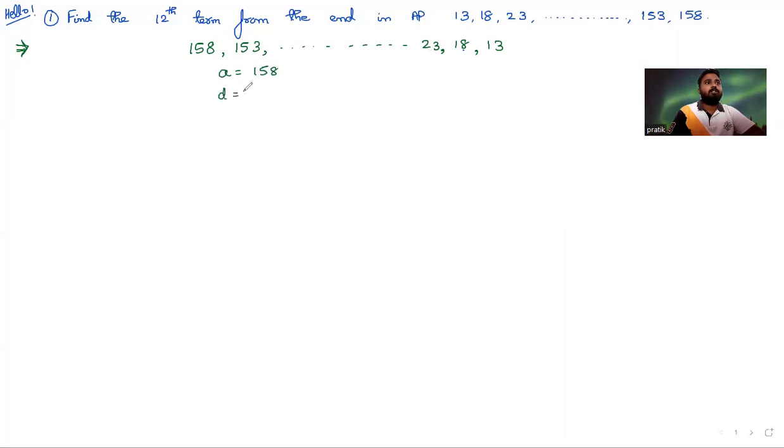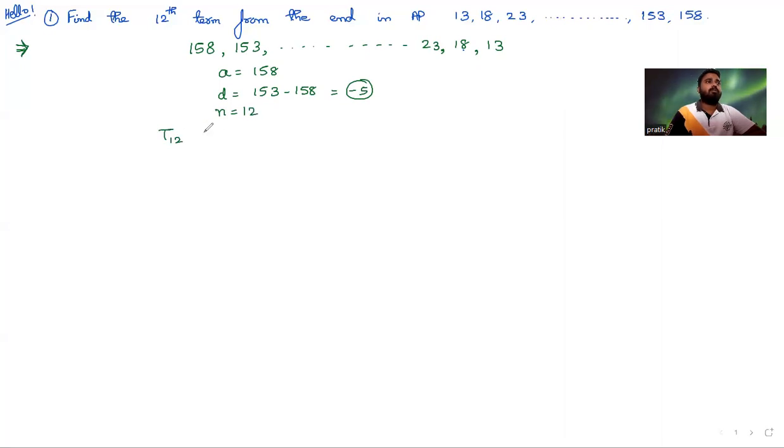And the common difference is 153 minus 158. I told you always the succeeding minus the preceding, which is equal to minus 5. So you have your a, you have your common difference, and you have to find the 12th term where n is 12. So find T12.